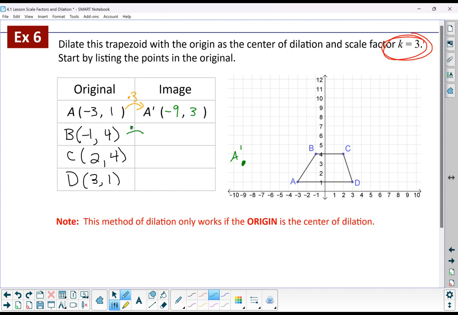If I multiply the coordinates of point B by 3, I get that B prime is located at -3, 12. That would be right here. And point C, when I multiply by 3, gives me the location of C prime, so that would be 6, 12.